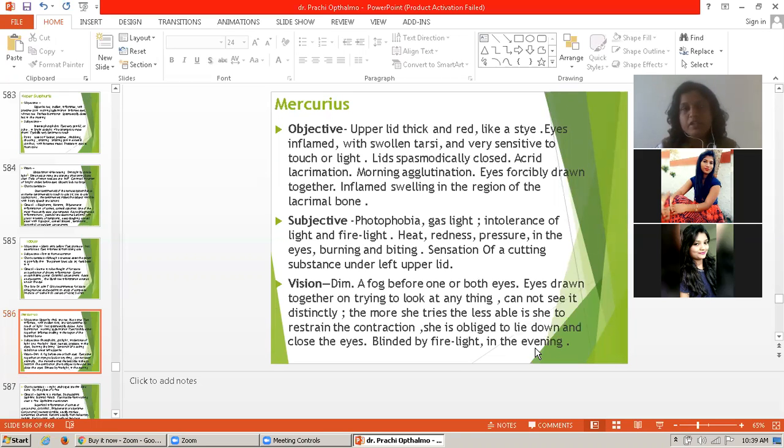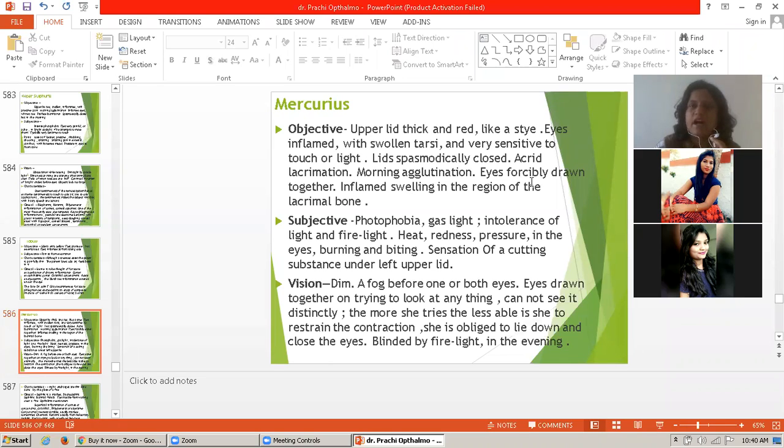Next remedy is Mercurius. Mercurius is also a chronic, constitutional and deep-acting remedy in homeopathy. Objectively, the Mercurius patient shows upper lids that are thick and red like a sty, and eyes inflamed with swollen tarsi, very sensitive to touch or light, and lids spasmodically closed, with acrid lacrimation and morning agglutination.